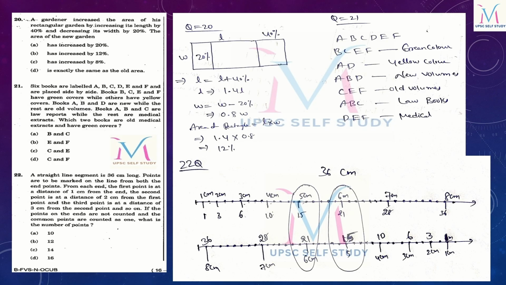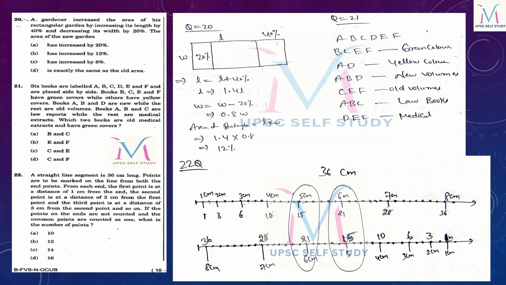Okay, so I just made the common points as 1, and the rest of the points individually I counted. If we separate these common points, look at the first line segment: 3, 6, 10, 28 will be 4 points, and the second line segments 3, 6, 10 and 28 will be 4 points, and at the end points, this end 1 common point and that end 1 common point, and in the middle 2 common points.